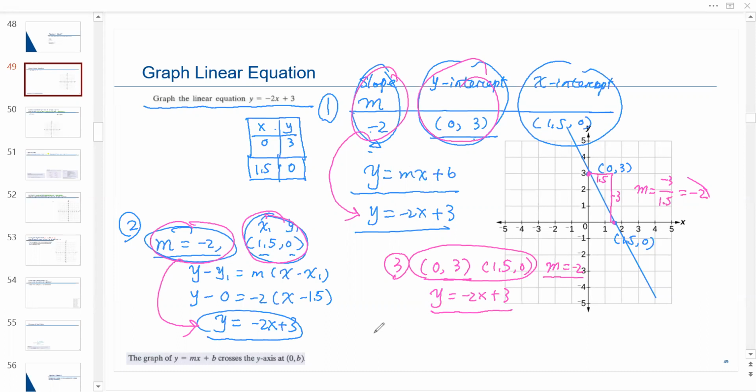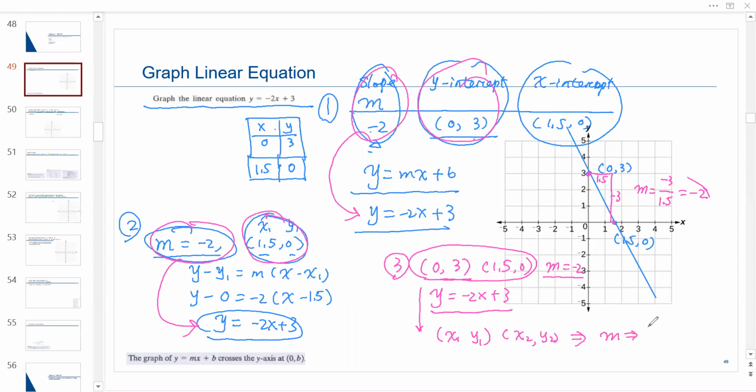So let's make a conclusion here and extend a little bit. Suppose we are given two dots. The first dot is x1, y1, and the second dot is x2, y2. We can find their slope.